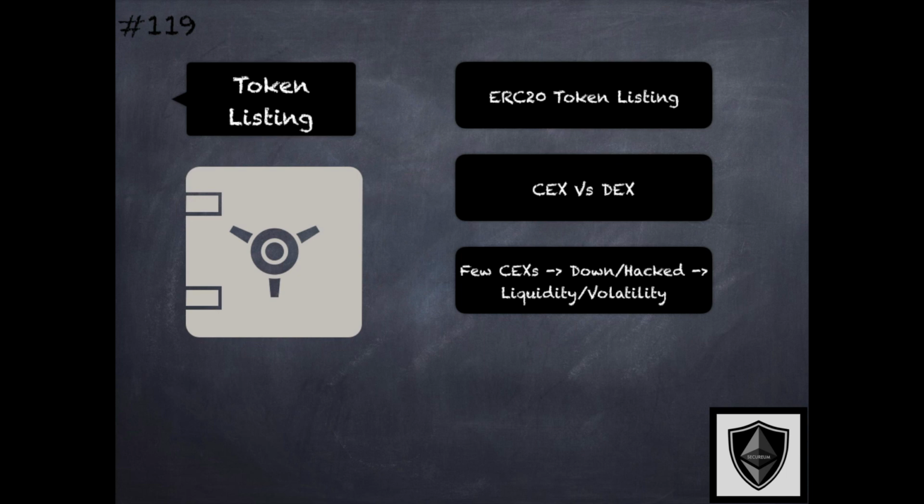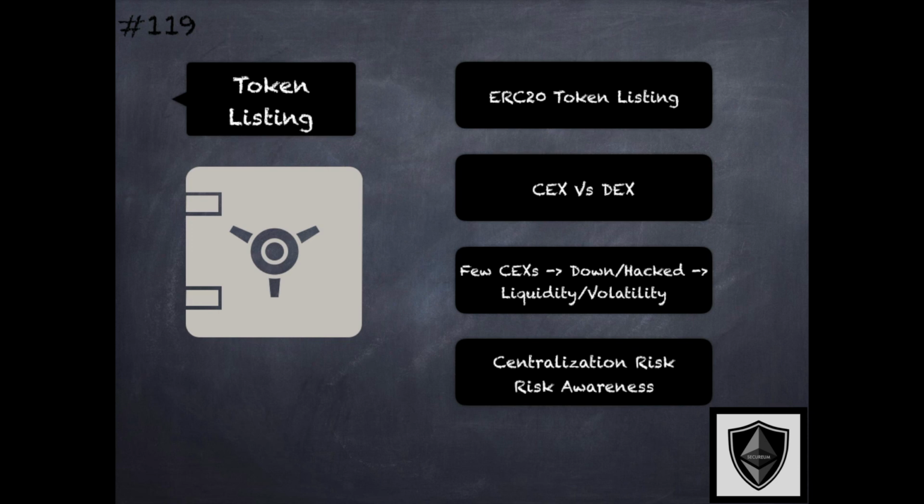However, if a token is listed on very few centralized exchanges, and those exchanges happen to be inaccessible because they're down for maintenance, or maybe in extreme situations where they're hacked, then that is a concern, because the majority of the tokens will now be inaccessible. And because of this low liquidity, the price volatility of such tokens will be very high. So this is another aspect of centralization risk that one should be aware of when looking at tokens that are listed in very few exchanges.